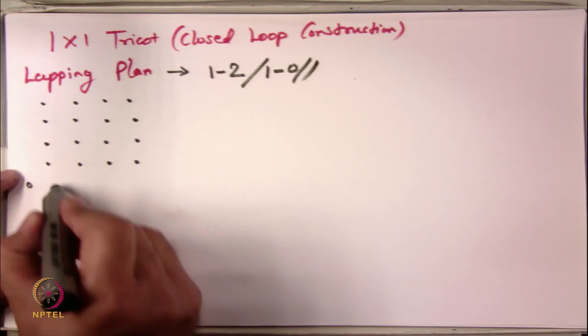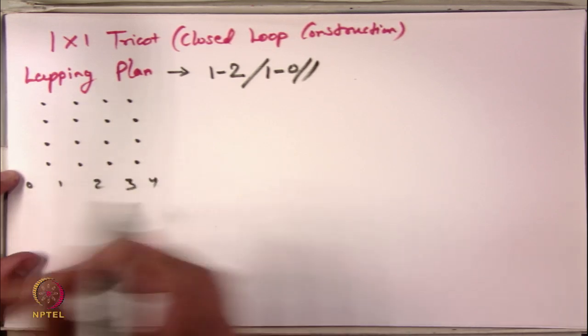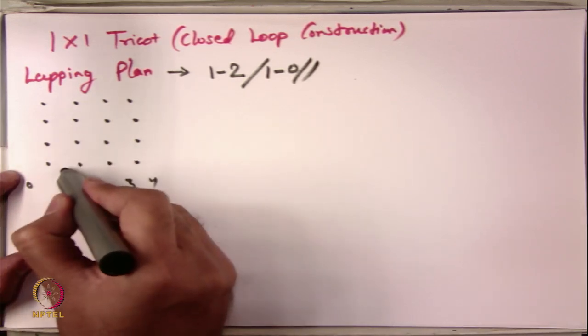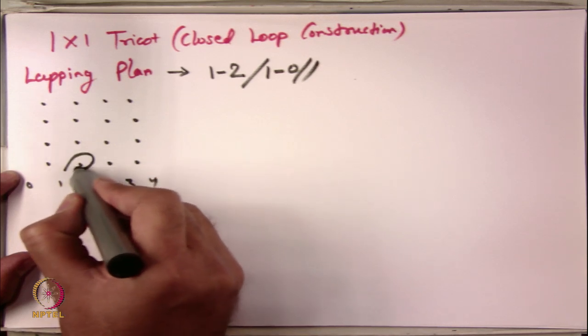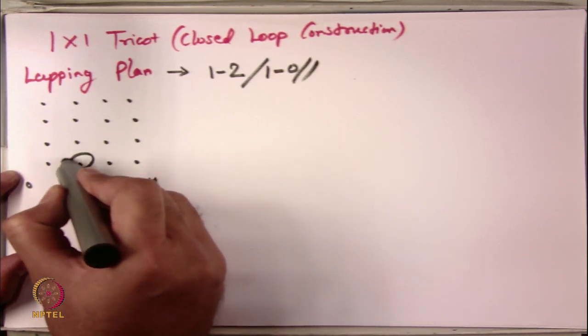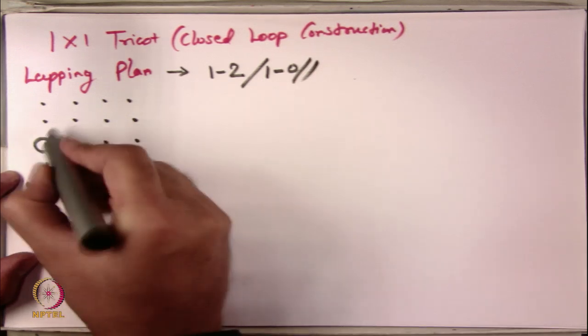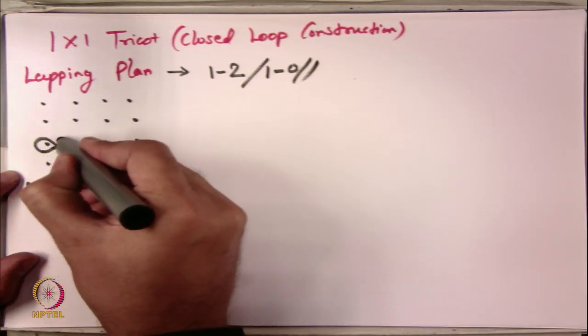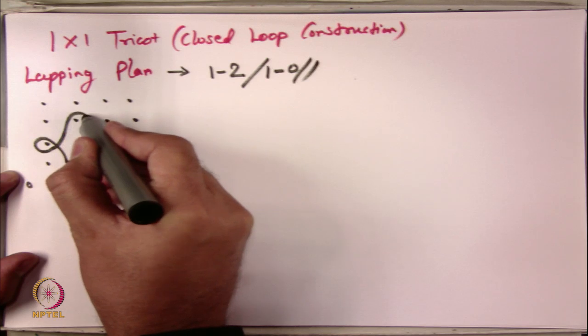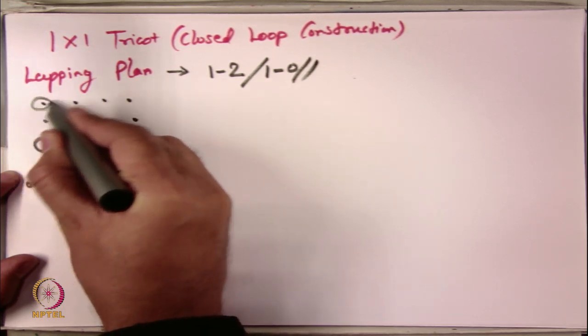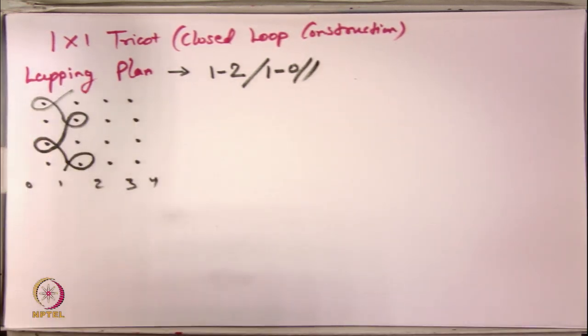So, 0, 1, 2, 3, 4. 1 to 2, then 2 to 1, then 1 to 0, and this is how it has been created.